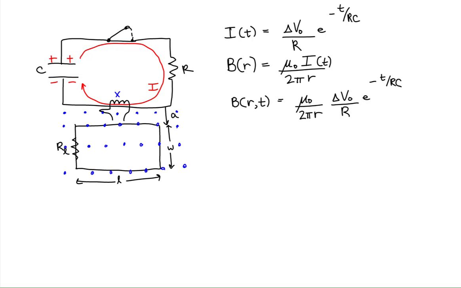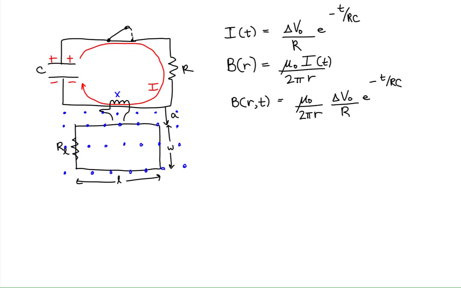That induced current will generate a magnetic field in such a direction as to oppose the change of flux. So since the magnetic flux is decreasing, there must be an induced magnetic field to oppose the decrease and support the magnetic field created by the current in the RC circuit.